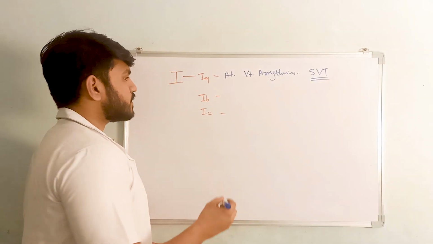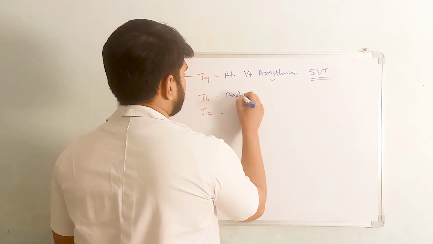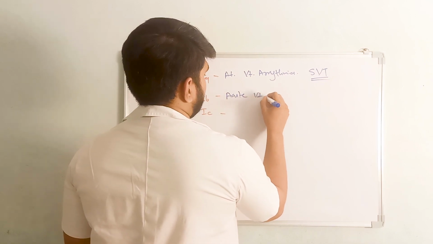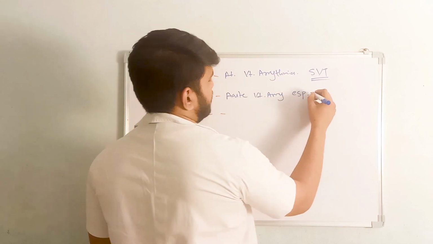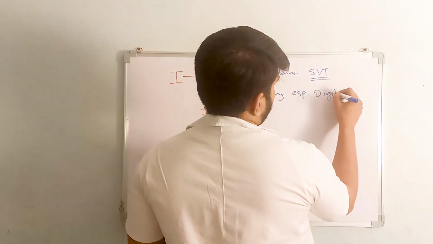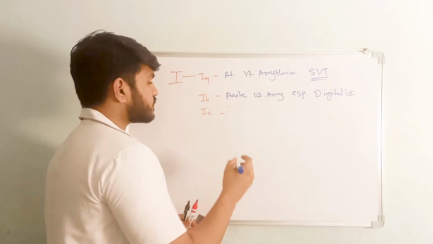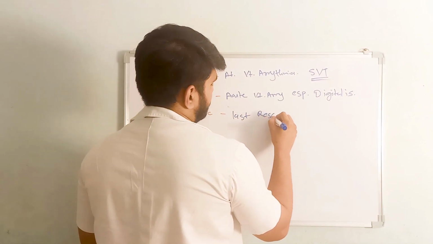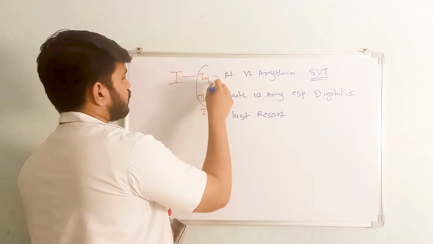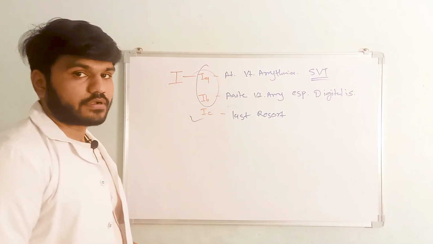Class 1B is used in acute ventricular arrhythmias, especially when induced by digitalis. Class 1C drugs we will use as a last resort. When these two drugs won't work, we will use this drug.